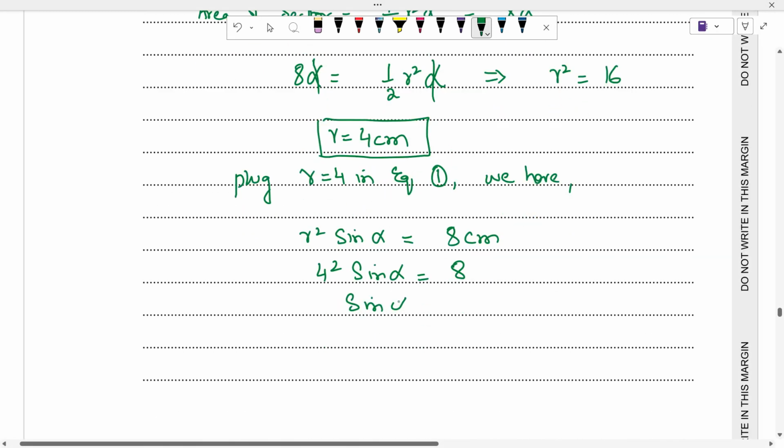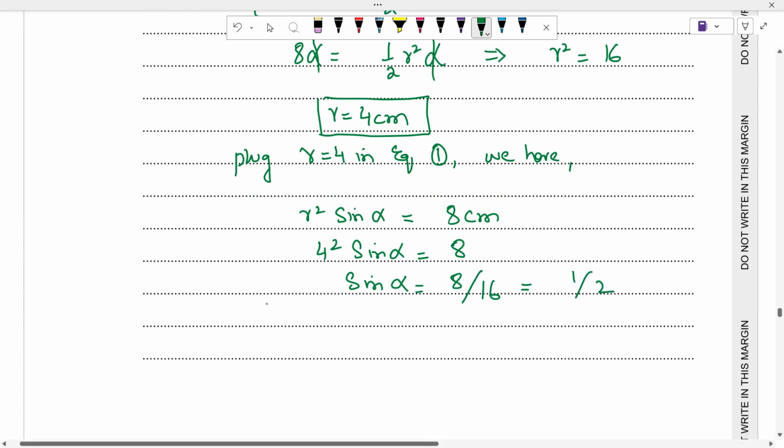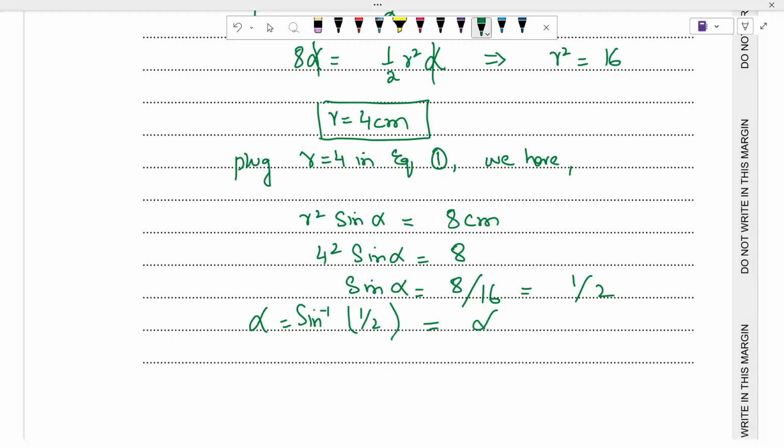Sine of alpha is equal to 8 over 16, which is equal to 1 over 2. So alpha is equal to sine inverse of 1 over 2, and in this case alpha is equal to 0.526 radians.